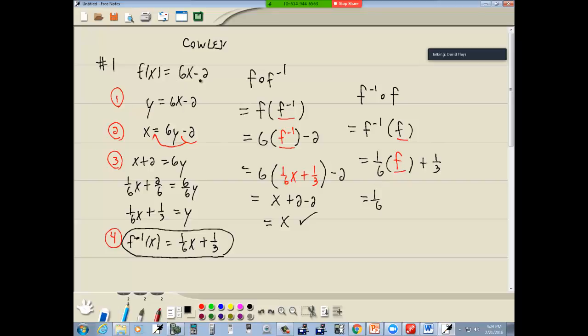But f is equal to 6x minus 2, plus 1/3. 1/6 times 6 gives us 1, so that's 1x or x. 1/6 times negative 2 gives us negative 2/6, plus 1/3. And negative 2/6 is negative 1/3, and plus 1/3 cancels and gives us x. So that's how you check it algebraically.